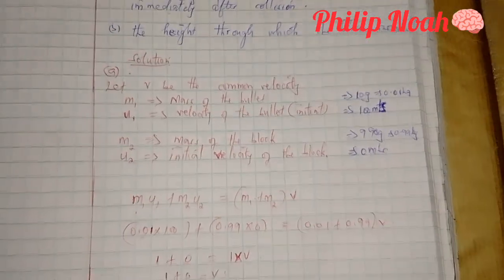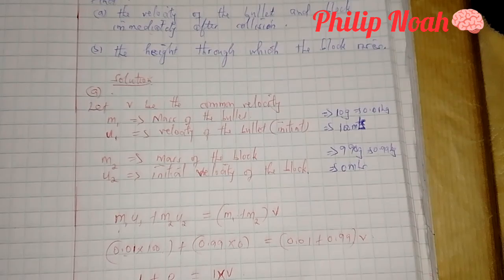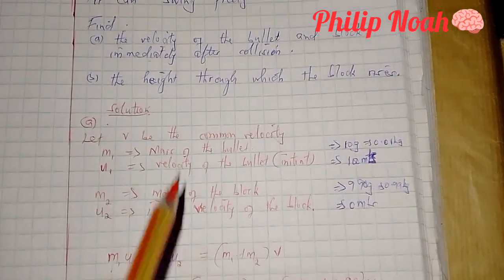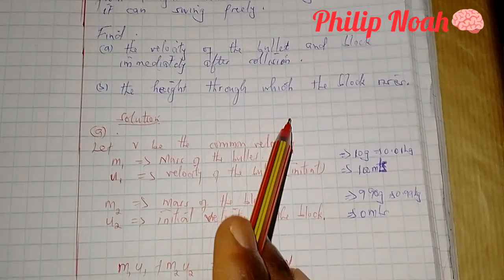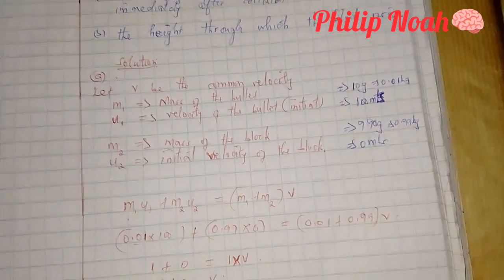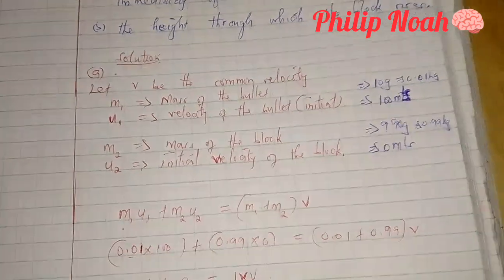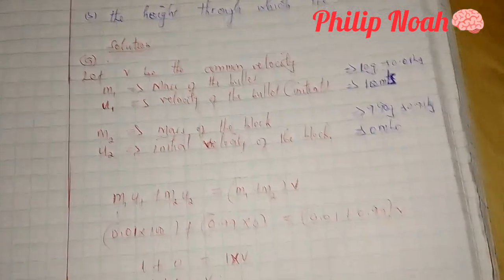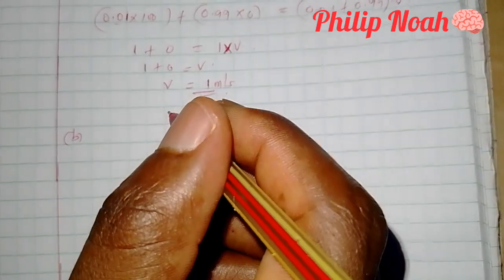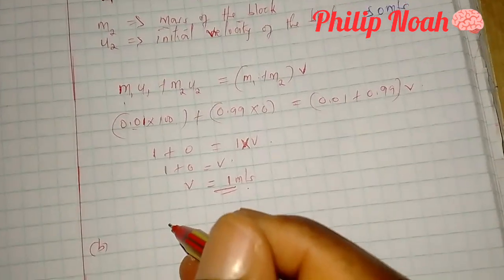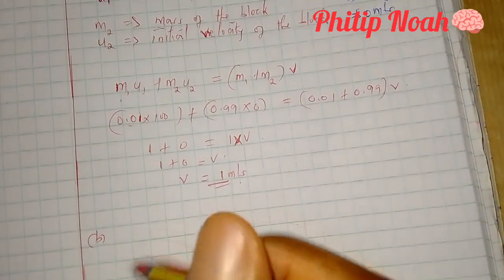Okay, let's look at part B: the height through which the block rises. One thing you have to remember is that at maximum height, all the kinetic energy will be converted to potential energy. You can recall the principle of conservation of energy.